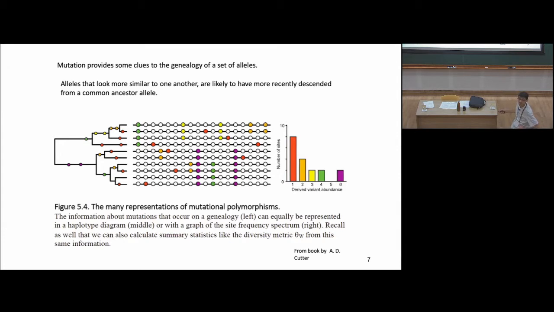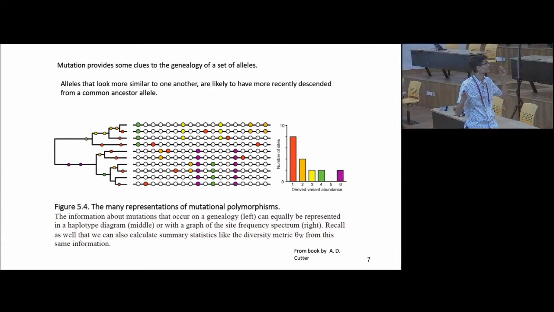Okay? This is the way people often look at real sequence data, and they summarize it by what we call a site frequency spectrum. These are what we call the singletons. This is the number of sites at which there is a variant that occurs in only one sample. The one I was just showing you represents a singleton.